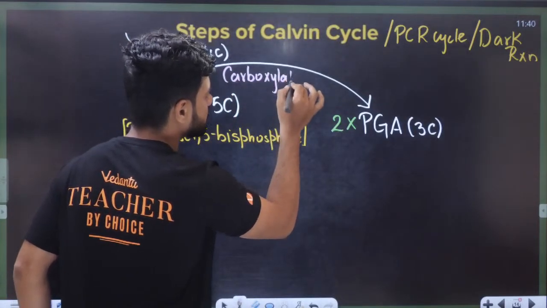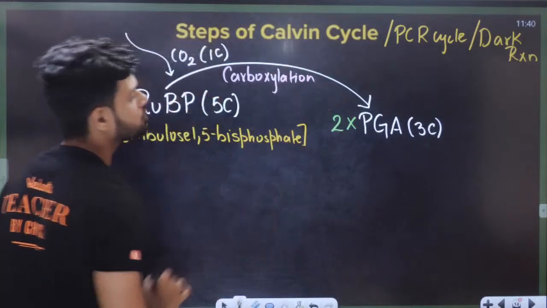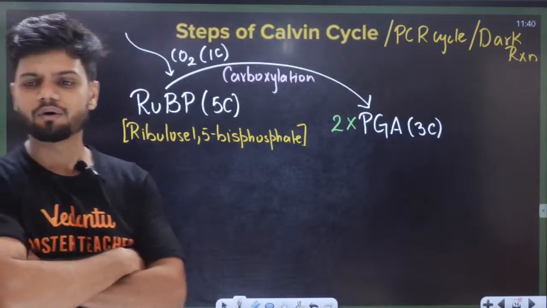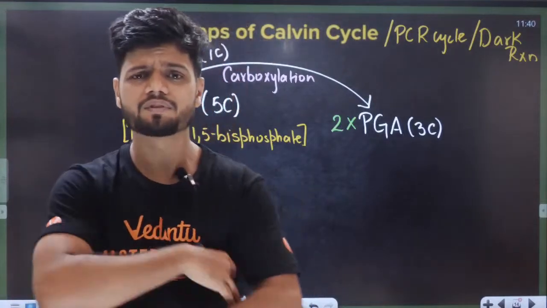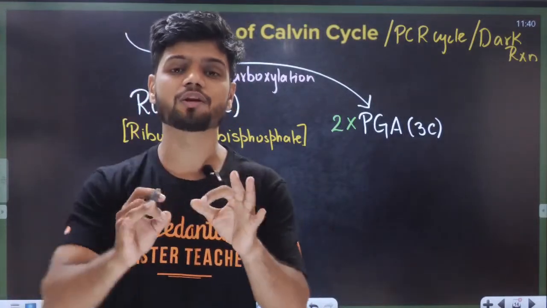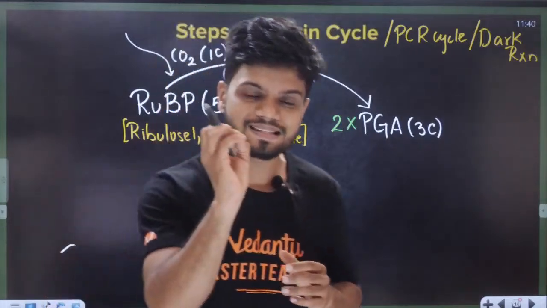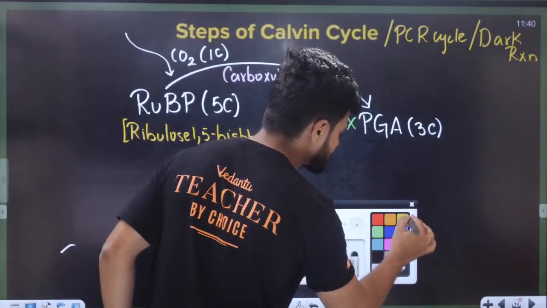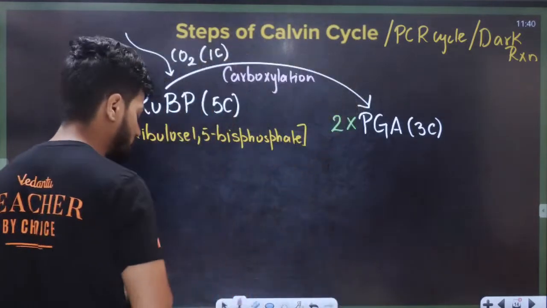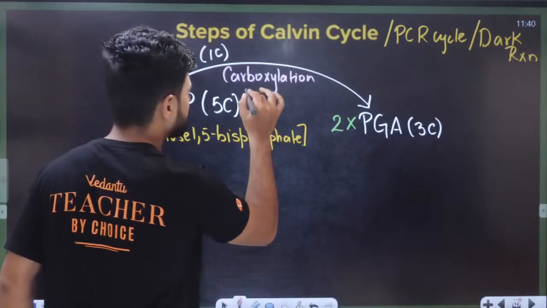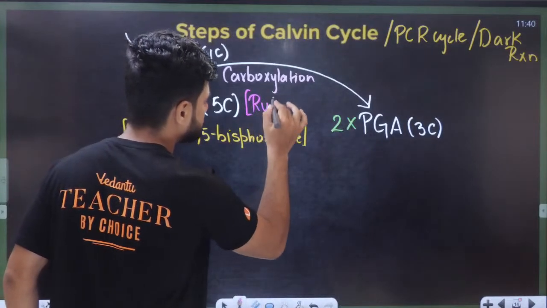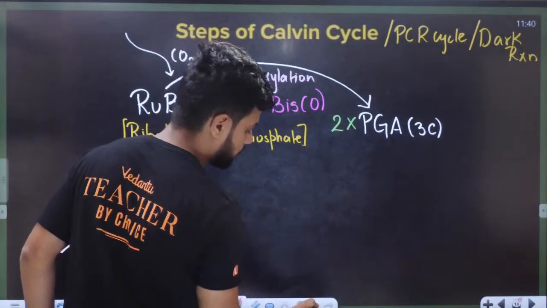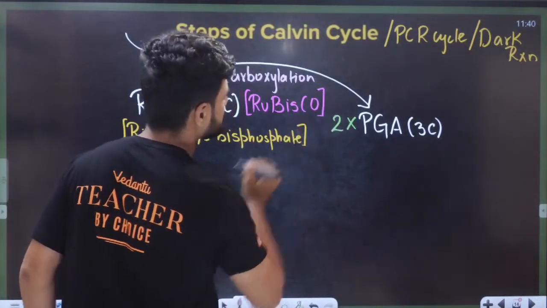Now in this first step of carboxylation, there is an enzyme involved. If this enzyme is absent, this reaction cannot go any further. The enzyme I'm talking about is the famous Rubisco enzyme, students: ribulose bisphosphate carboxylase and oxygenase.